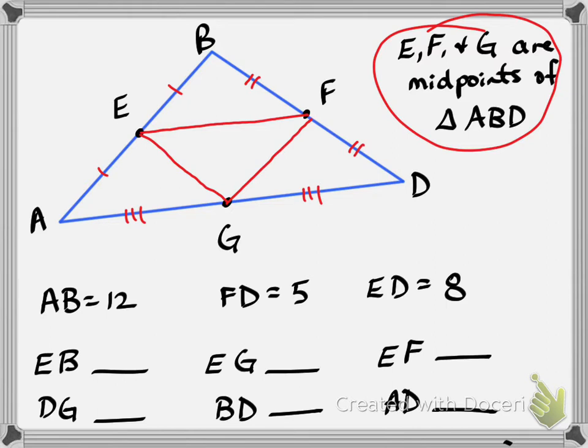Let's see, it told us AB was 12, so crazy looking bracket there, that's 12. FD is 5. Maybe I should switch colors. AB is 12, FD is 5, ED is 8.